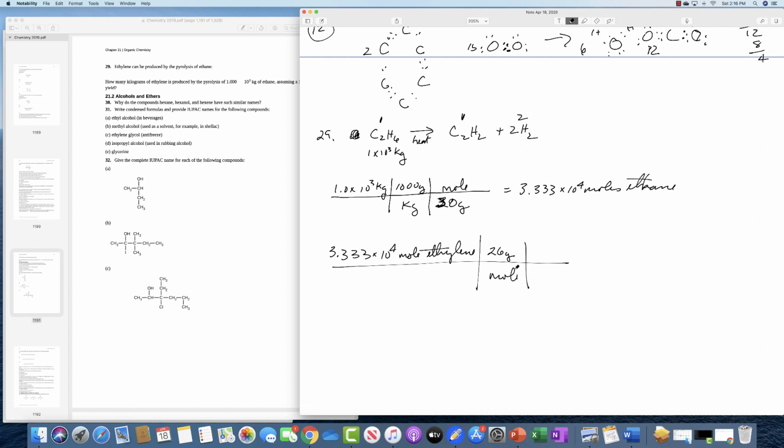And that's going to give you the answer in grams. And so we'll change it back to kilograms since that's what they asked for. And if we do that, we get 866.7 kilograms of ethylene.